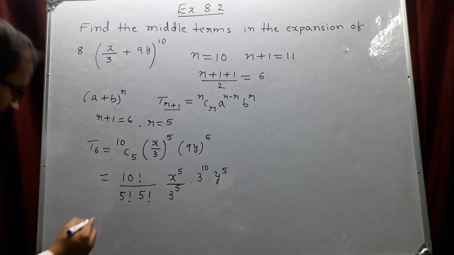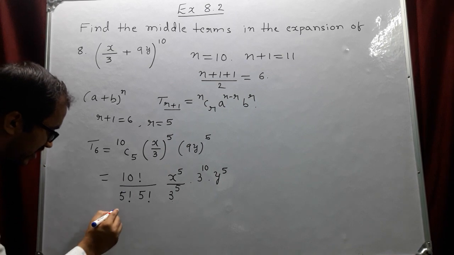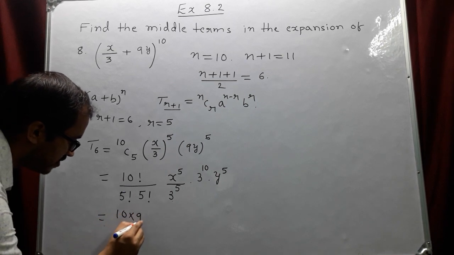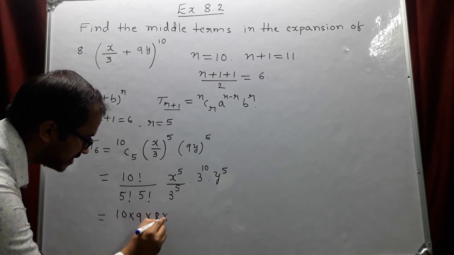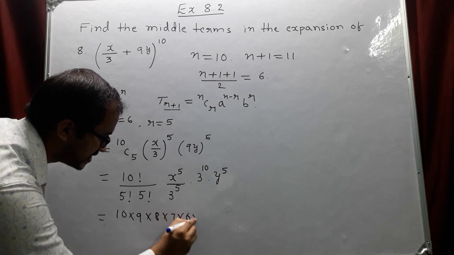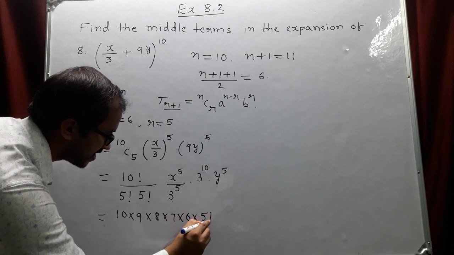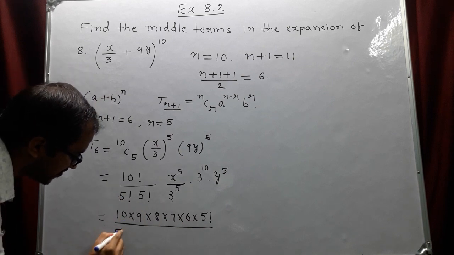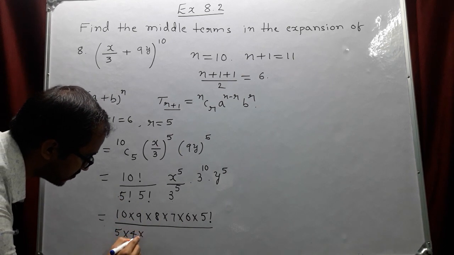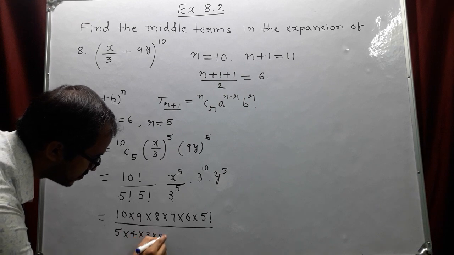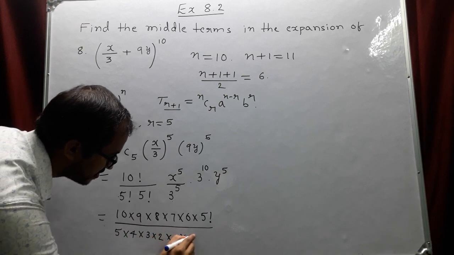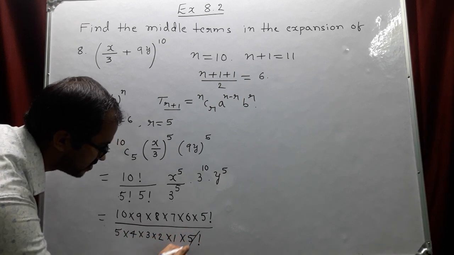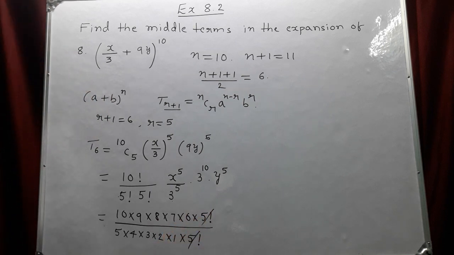Now simplifying, 10 factorial can be written as 10 into 9 into 8 into 7 into 6 into 5 factorial, divided by 5 factorial, which means 5 into 4 into 3 into 2 into 1 into 5 factorial. So 5 factorial will get cancelled.